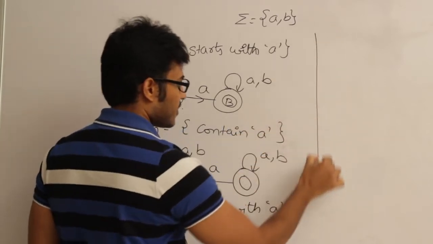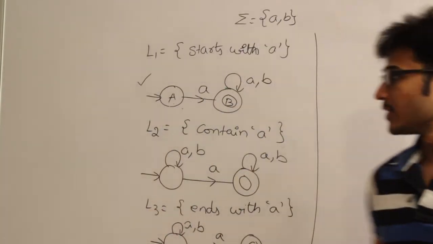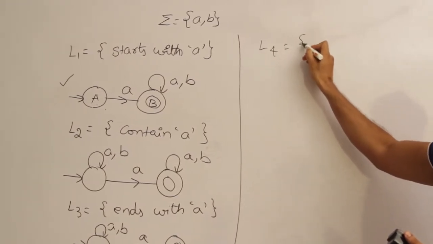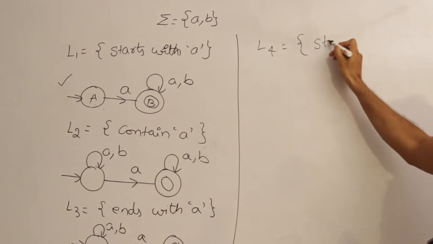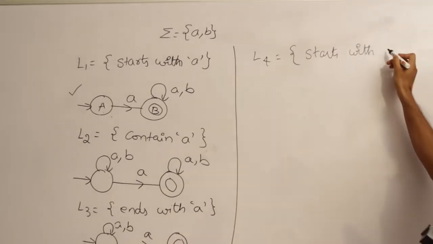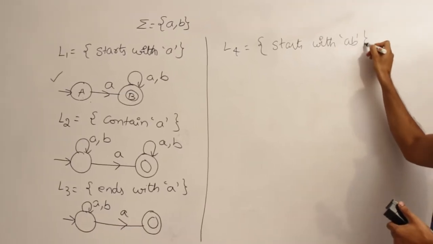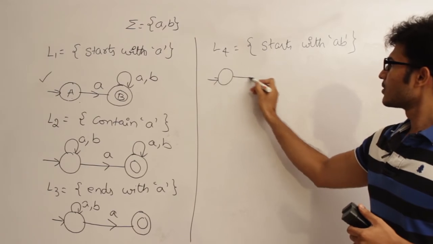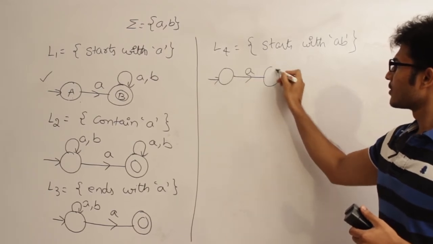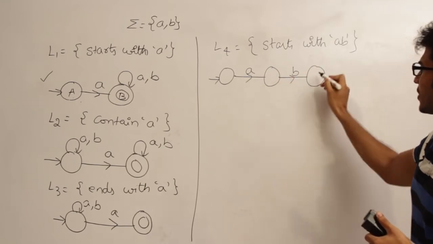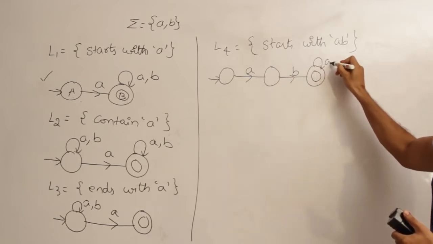And let's say I have to consider the language L4 where all strings start with AB. Now all the strings should start with AB. Then I am going to accept everything.